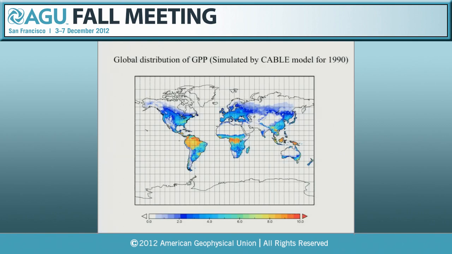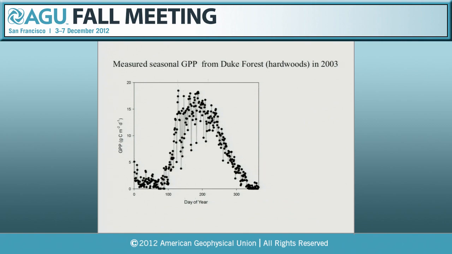So we look at the global map of simulated GPP, and you can see very clear latitudinal gradients, gradually changing from the tropics and becoming smaller towards the polar regions. If we look at specific sites' carbon fluxes, during the winter it's very low, and then gradually increases and then declines.